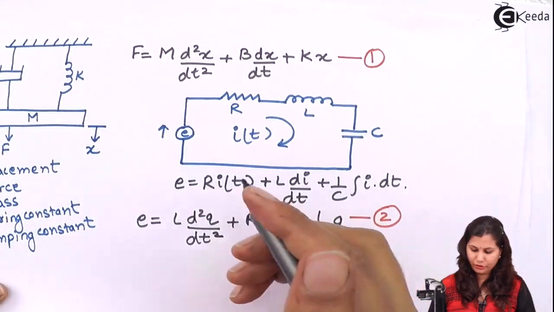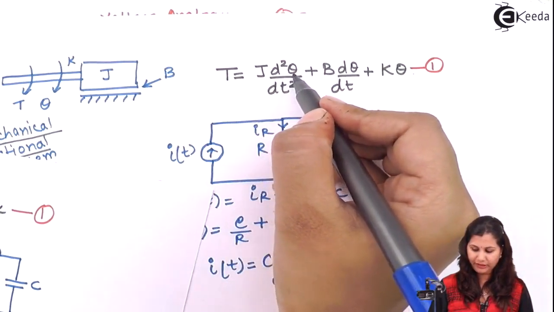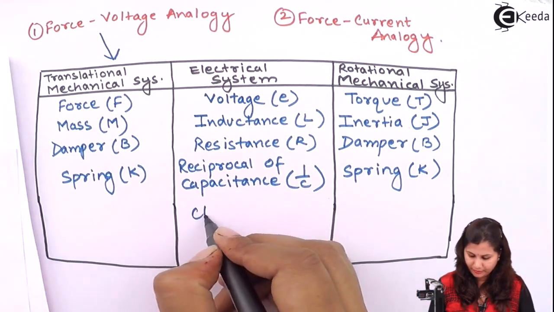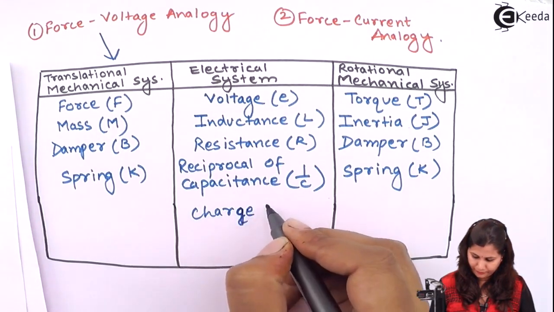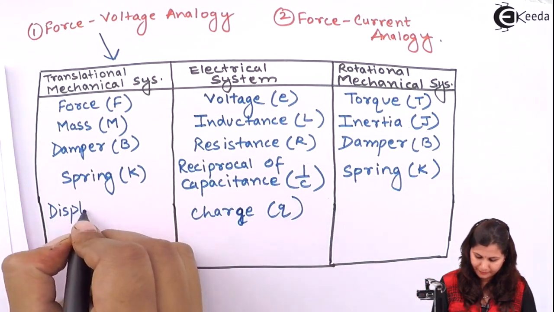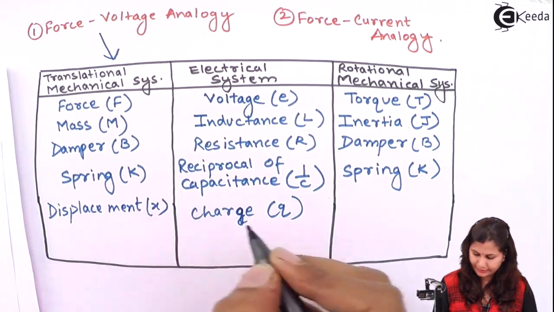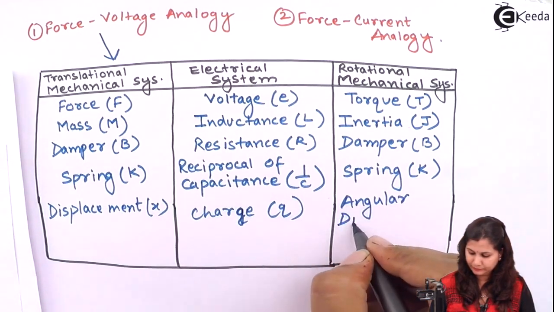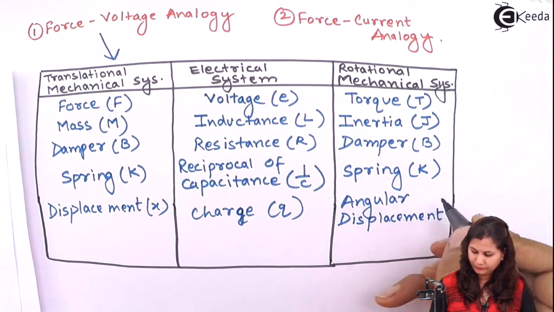Also we have this charge Q, which is equivalent to the displacement, and here we have theta, that is the angular displacement. So charge Q is equivalent to displacement X, and here we have angular displacement theta.